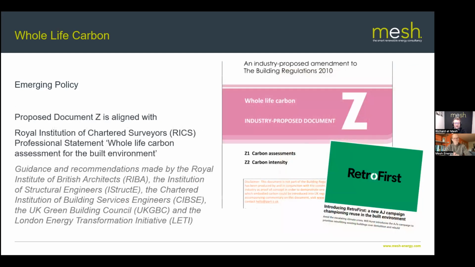And of course, there's the lobbying. We've got the AJ Retro First campaign, and there's a pan-industry move, we're pushing for building reg part Z, which is about looking at the whole life carbon for the built environment and actually making this a legal requirement.